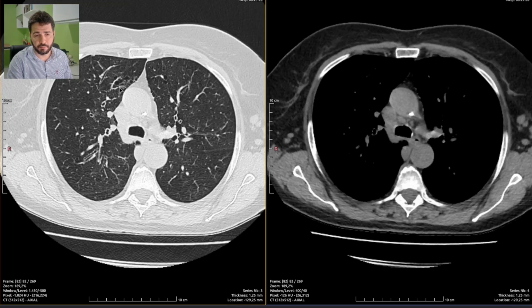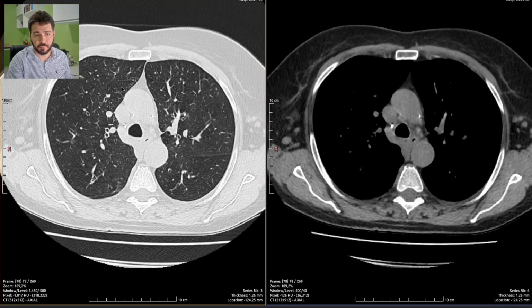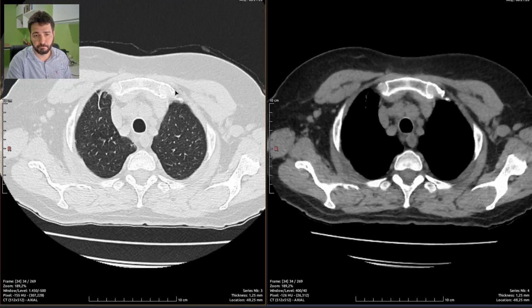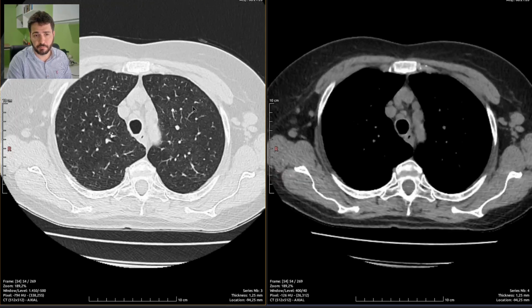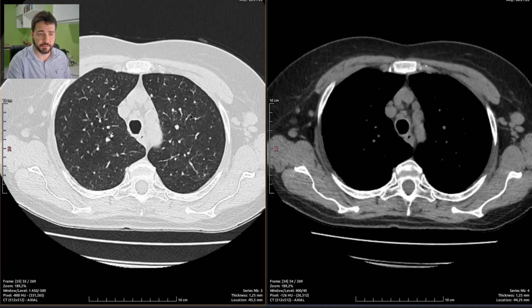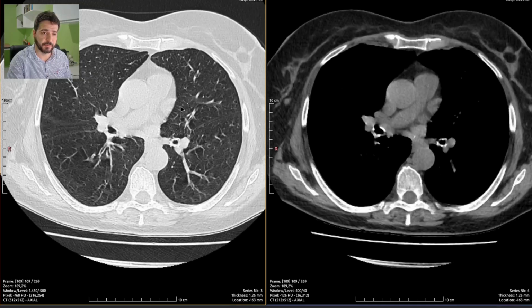There are some bronchiectasis and paraseptal emphysema. This is a calcification right here. This is residual, just scar tissue calcified.